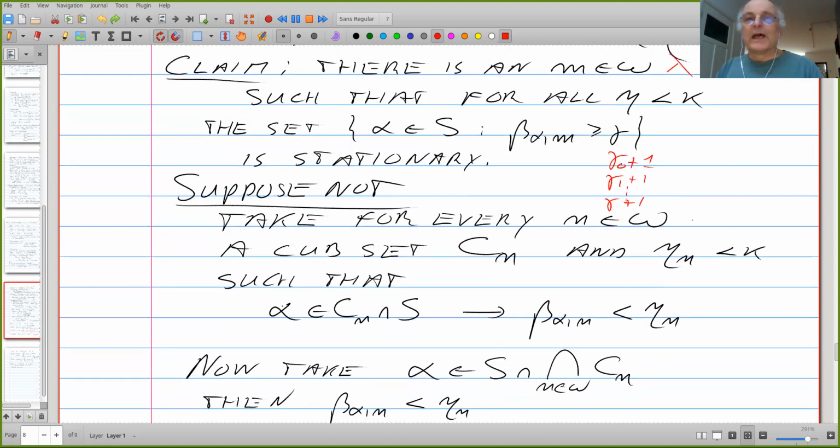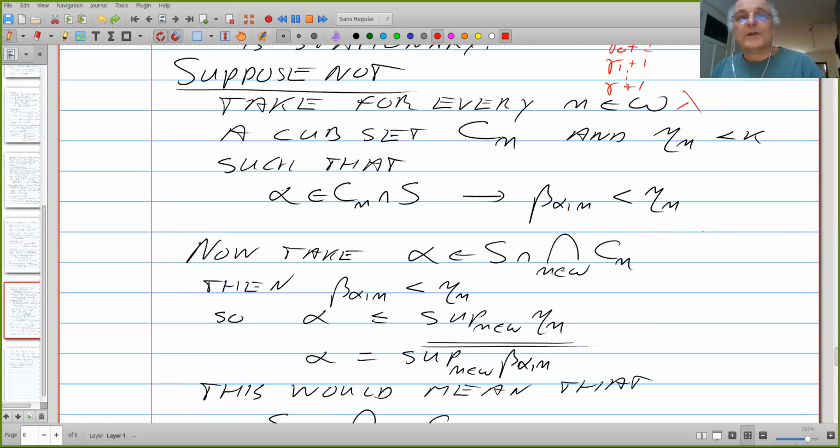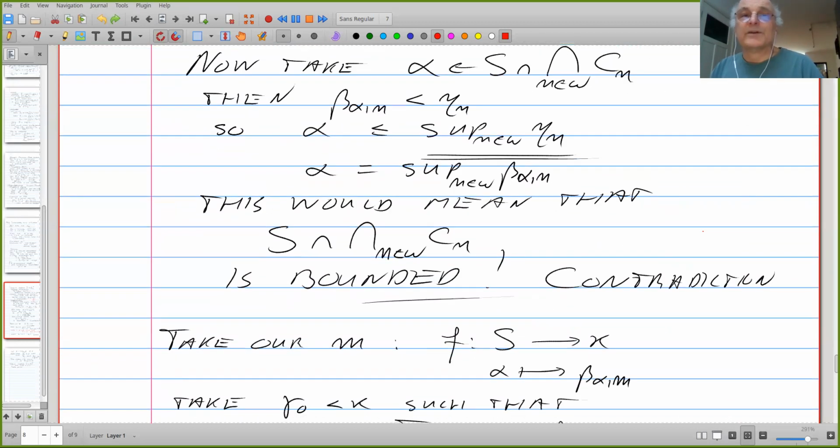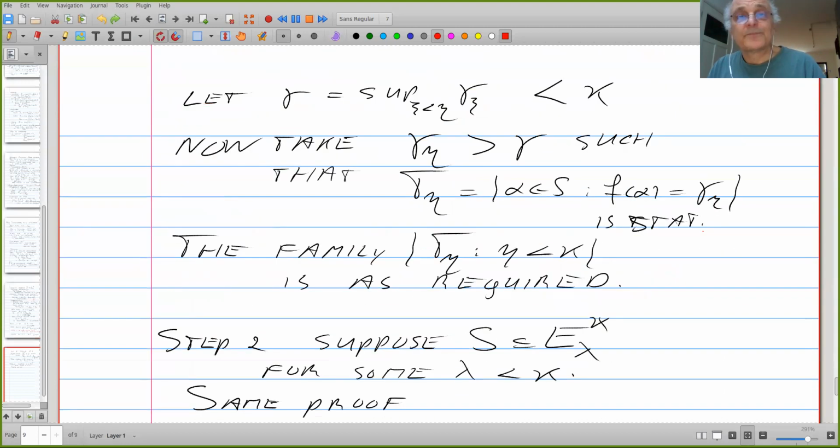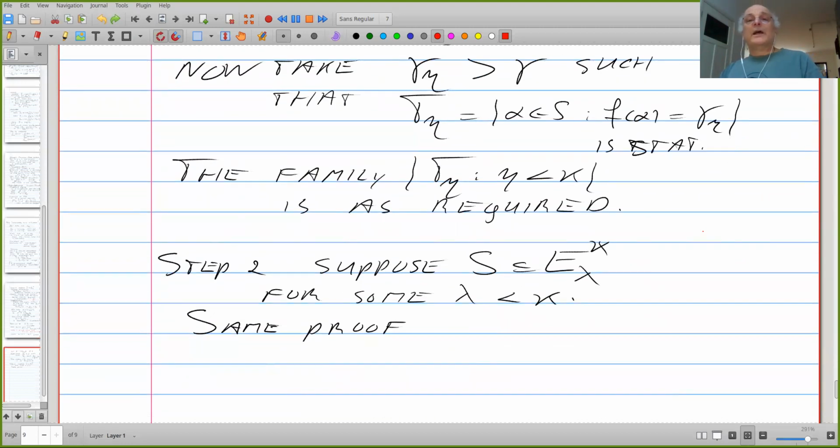Suppose not, then we have lambda many closed unbounded sets such that all this happens. We get our contradiction still because the intersection is bounded. Then we work only with beta alpha M, and then the proof doesn't change after this. So same proof. If we have a stationary subset of some E kappa lambda, then we are done.